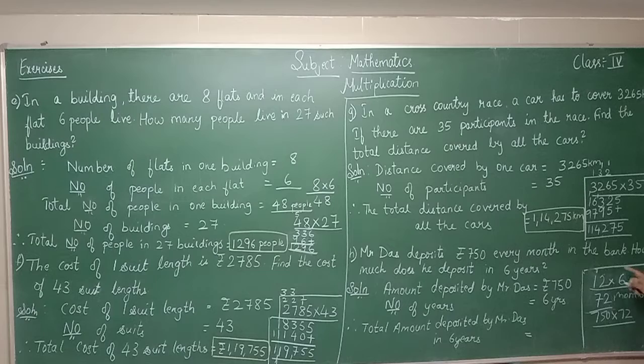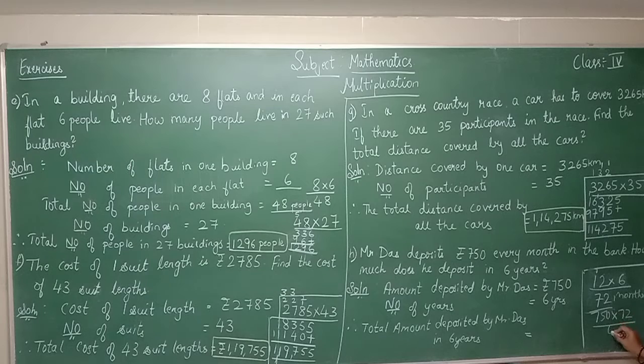Got it? He deposits every month. So in 1 month he deposits 750, which means for 6 years, how many months will come? 72 months will come. For 72, we are going to calculate. Okay?